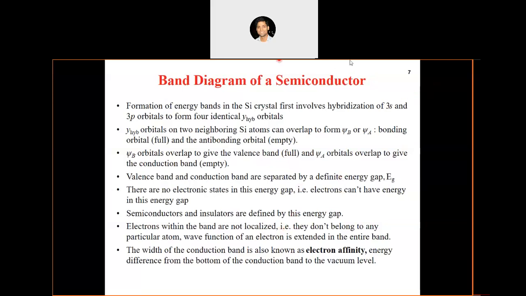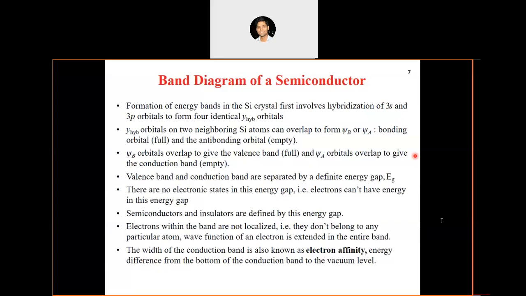There is a question. Sir, there were four unpaired electrons in the hybridized orbital. So do you mean that all four unpaired electrons will go to the bonding molecular orbital? Yes, in the beginning, because one orbital of one silicon is interacting with one orbital of another silicon.